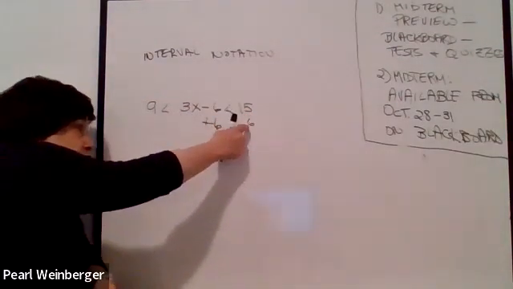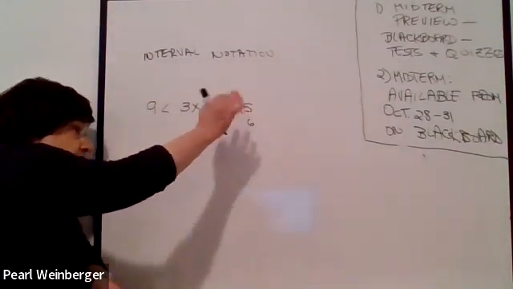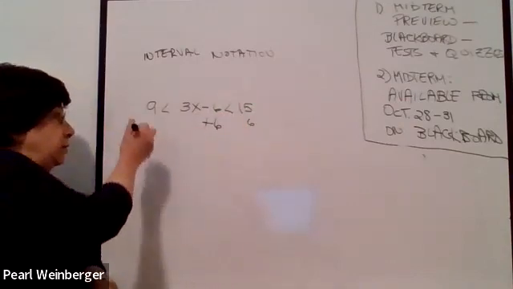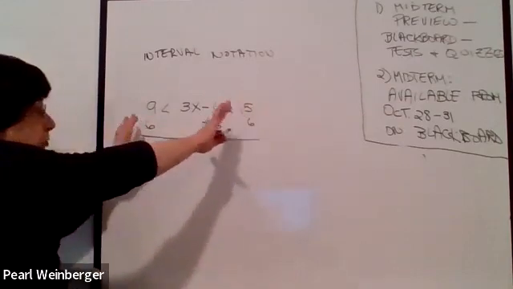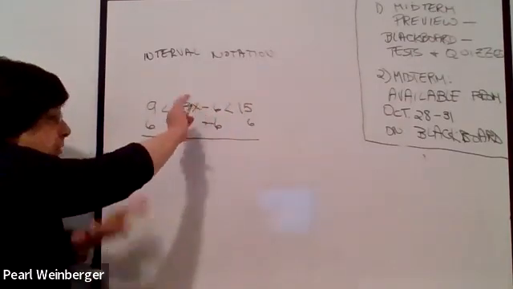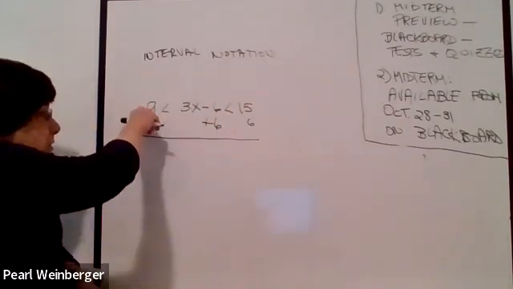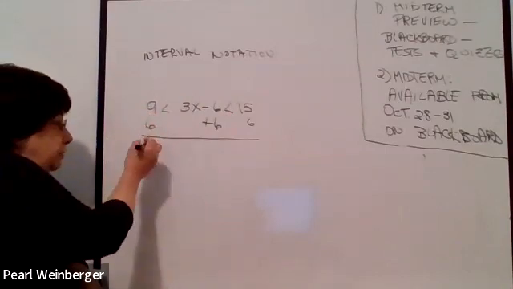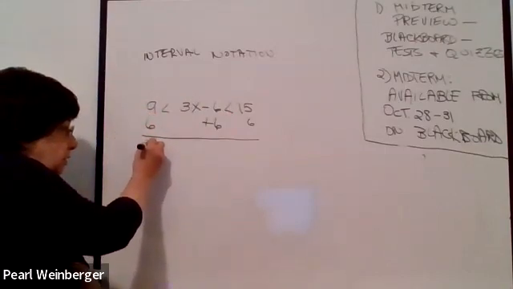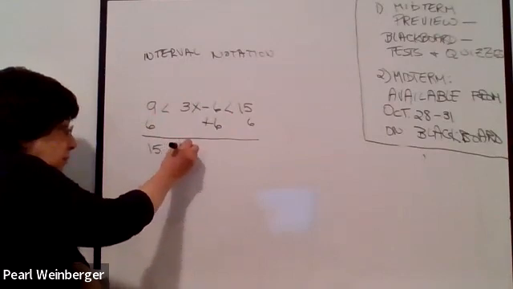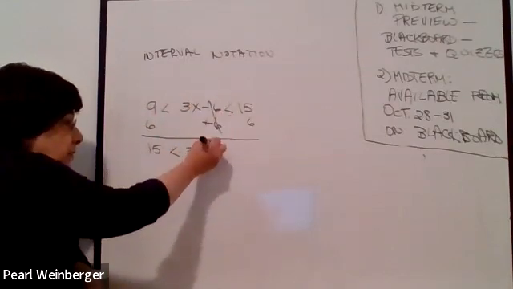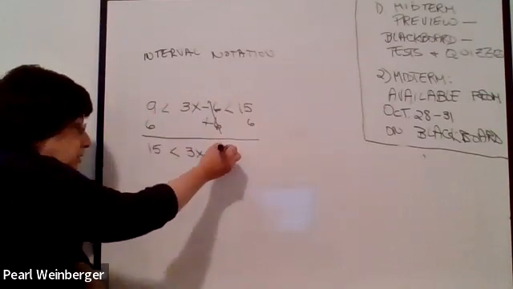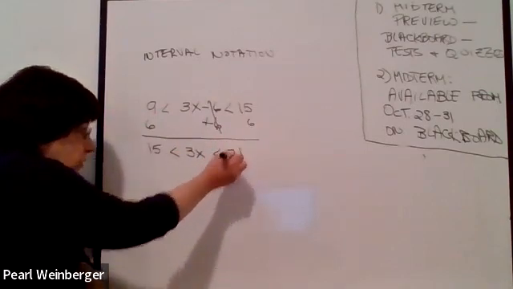So not only are you adding the 6 at the right end, you're also adding it at the left end. Whatever you do at the middle, you do at both ends. So here you're going to do 9 plus 6, which will give you 15. This will stay 3x. This is canceled. And this is now 15 plus 6, which is 21.